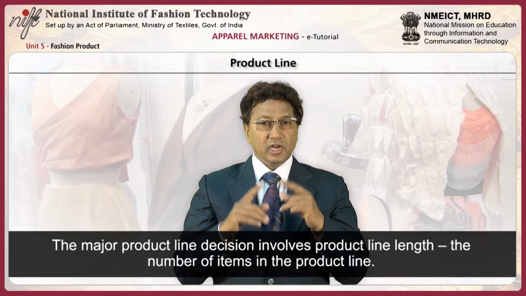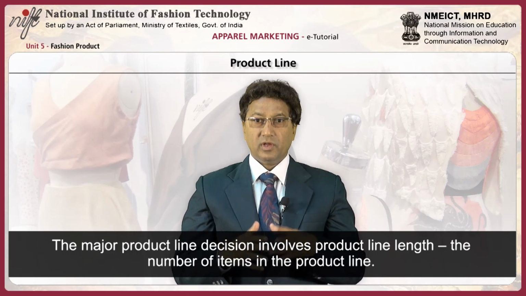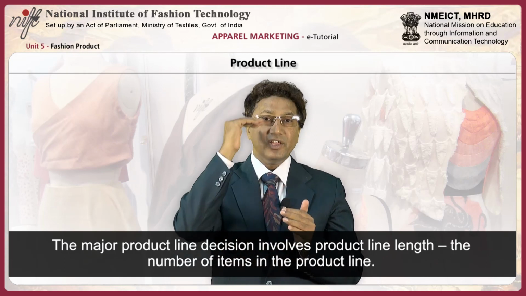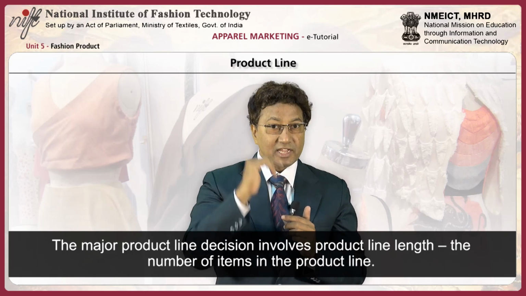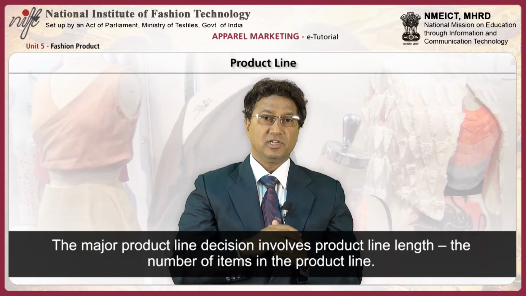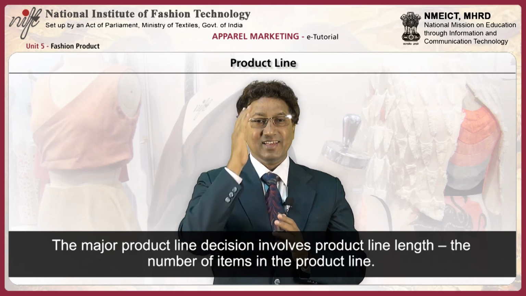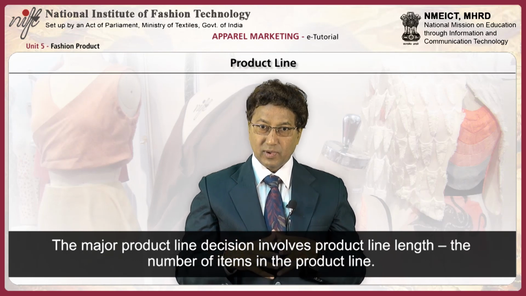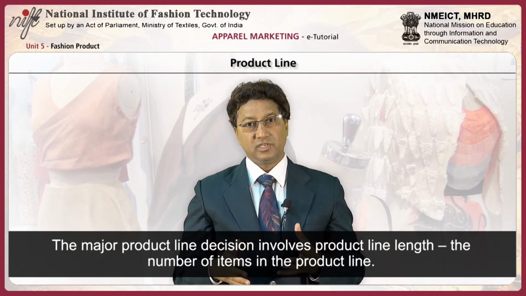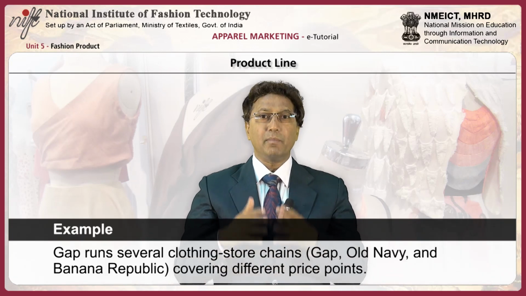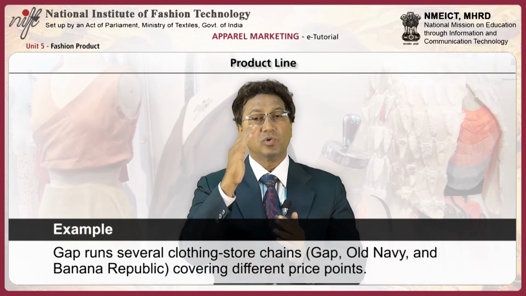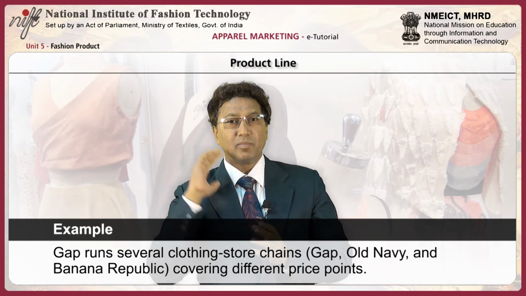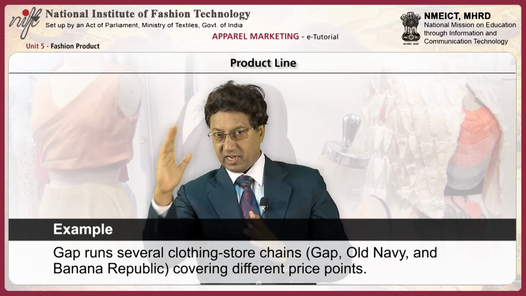Managers need to consistently review the performance of their product line to evaluate the contribution of each product item to the line's overall performance. The product line length is influenced by companies' goals, expansion plans, and resources. For example, Gap runs several clothing store chains: Gap, Old Navy, and Banana Republic, covering different price points.